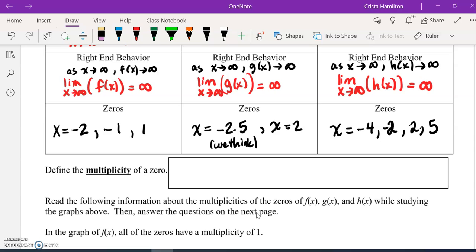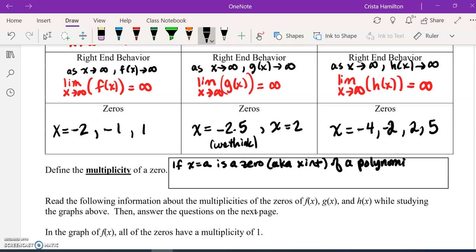So the multiplicity of a zero: let's say we had a function, if x equal to a is a zero, aka x-intercept of a polynomial. And it doesn't really have to be a polynomial, but we're just talking about polynomials right now. Any function in general, but because we're in the polynomial section, I'm just going to say polynomial.